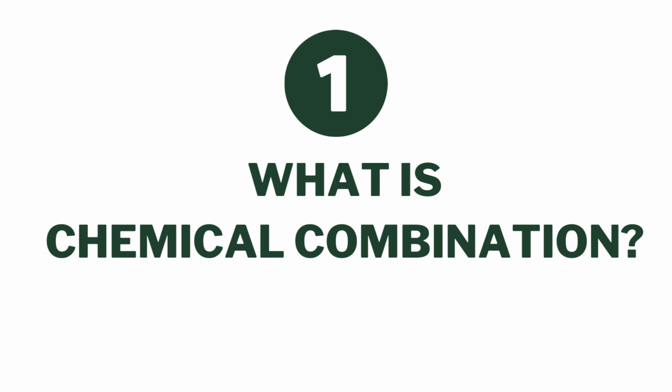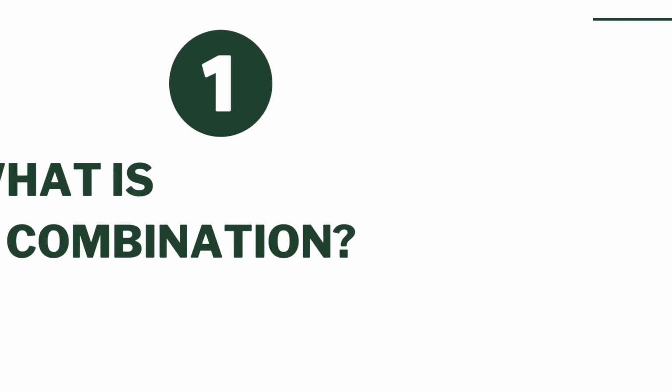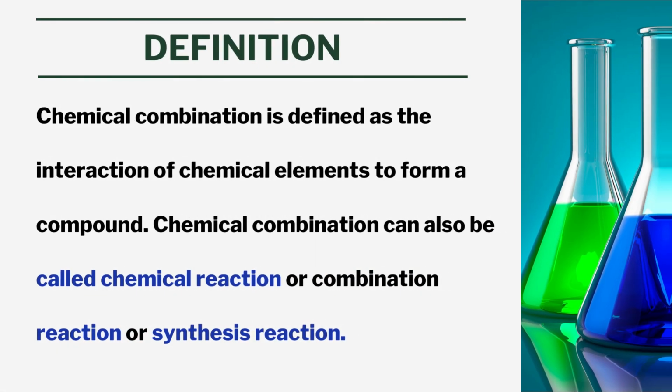What is chemical combination? Even from the name, you should know that it is where there is interaction of chemical elements to form a compound, where chemical elements combine together to form a compound. It can also be called chemical reaction, combination reaction, or synthesis reaction.